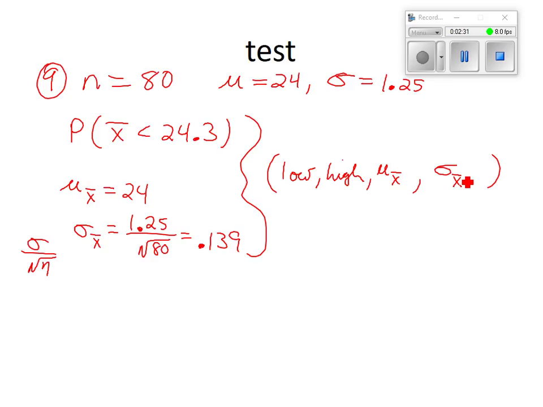So what do I put in? Be careful here. What do you put in as your low limit if you want everything less than 24.3? Negative 10,000. Some of you again switched these around. High is 24.3. Mean is the same as the population, that's 24. This is 0.139.